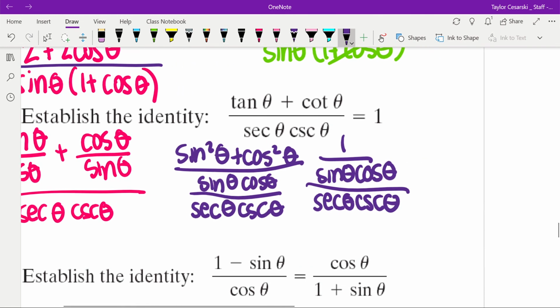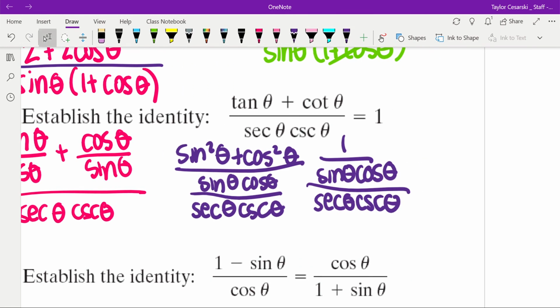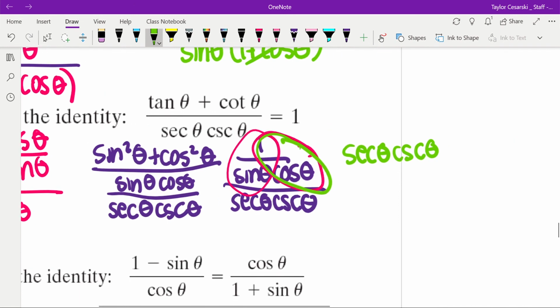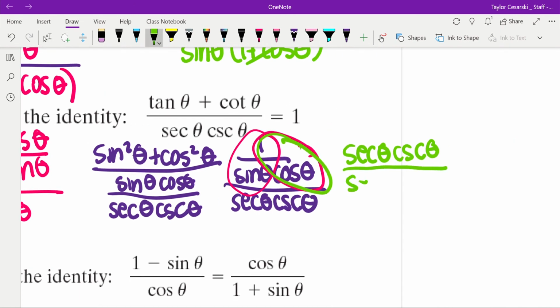Now, let's recognize for a second, 1 over sine of theta, cosine of theta. Well, 1 over sine of theta is cosecant, 1 over cosine is secant, so I can rewrite up top as secant of theta, cosecant of theta, over secant of theta, cosecant of theta.